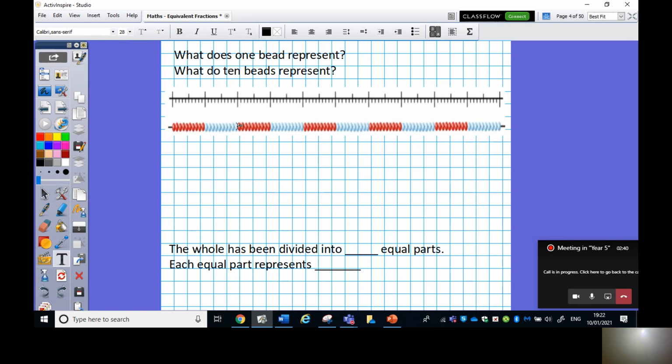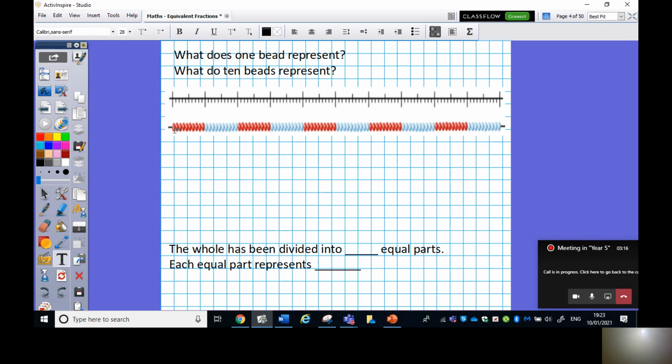We have a number line and a bead string here. What does 1 bead represent? Yeah, good. It represents 1. What do 10 beads represent? Good. It represents 10. So there are 100 beads on this bead string. What does the whole bead string represent?